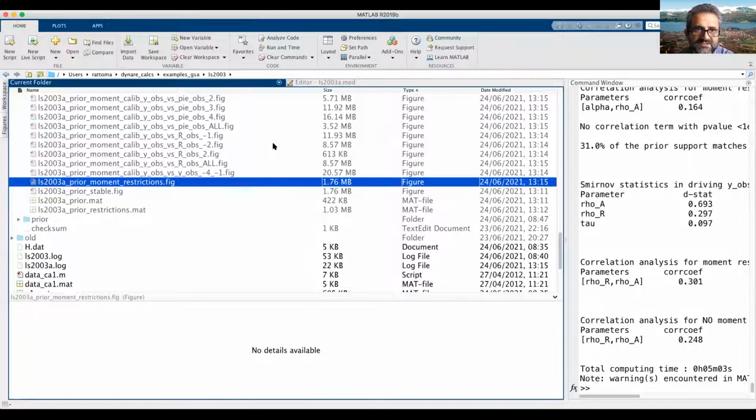Okay, maybe I just tell you a couple of notes on the exercises that I posted, if you are willing to try them. Sorry, I have to open it.